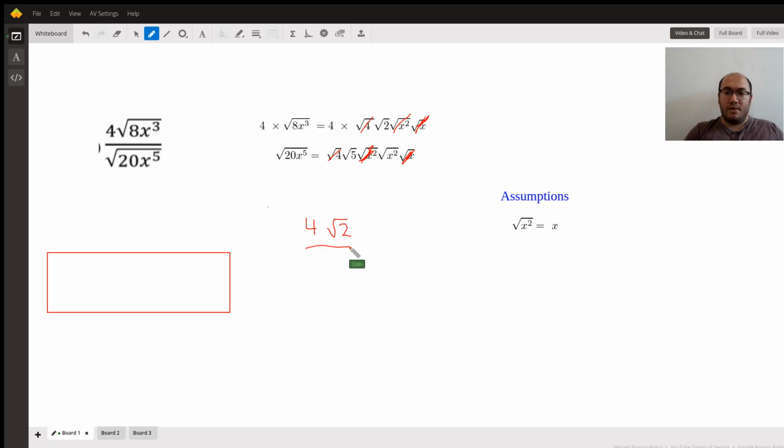And then at the bottom, I've got the square root of 5, and I've also got the square root of x squared, but again, the square root of x squared is just equal to x, so that just gives me an x here at the bottom. And this right here is my simplified answer. This is solving that problem using the quotient rule.